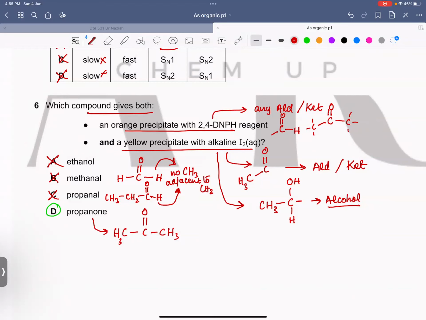So yes, this is a ketone, and this is a methyl ketone where the carbonyl is adjacent to CH3. This is the carbonyl, and here we have a CH3. These two are adjacent and bonded with each other. That's why it gives the aqueous alkaline iodine test positive and shows a yellow precipitate. So that's why our D option is correct. Is this understandable to everyone? If anyone has any doubt, do ask me, please.